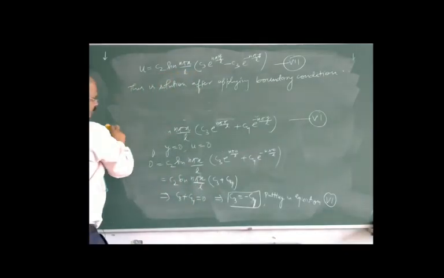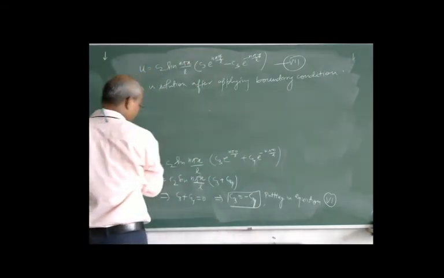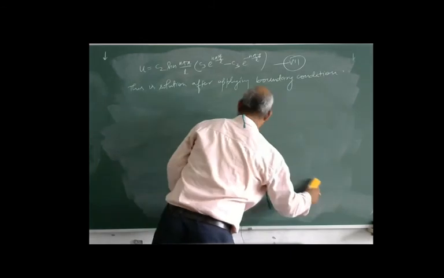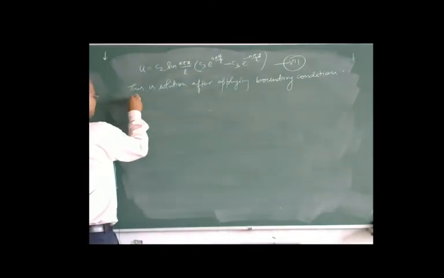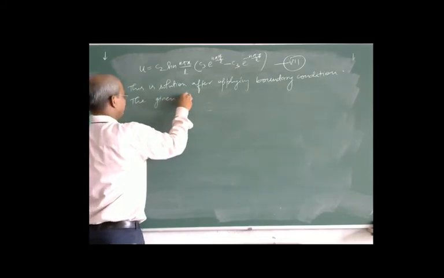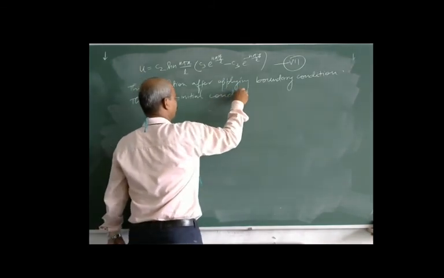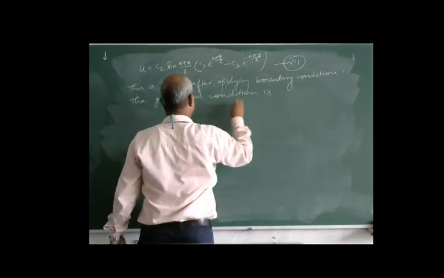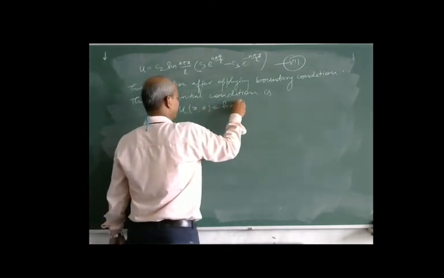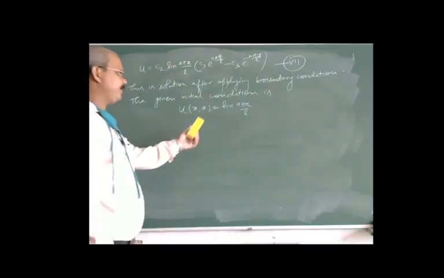Now to find the complete solution I am going to use the initial condition also. The given initial condition is u(x, a) equal to sine n pi x by L. This is given.